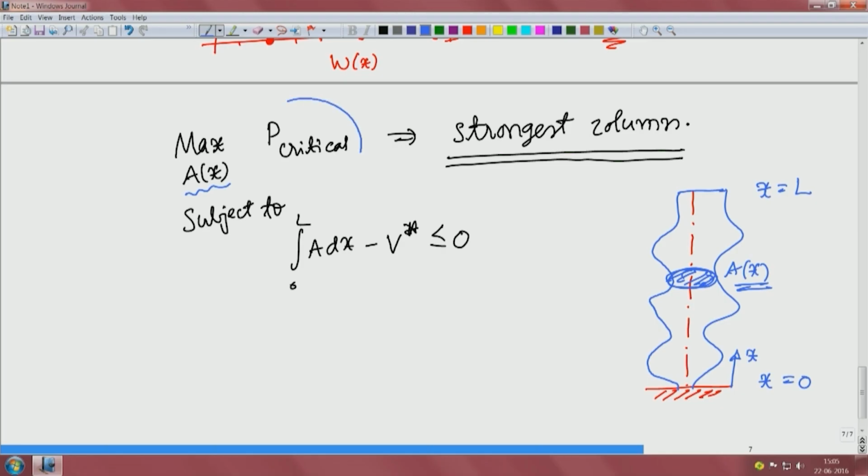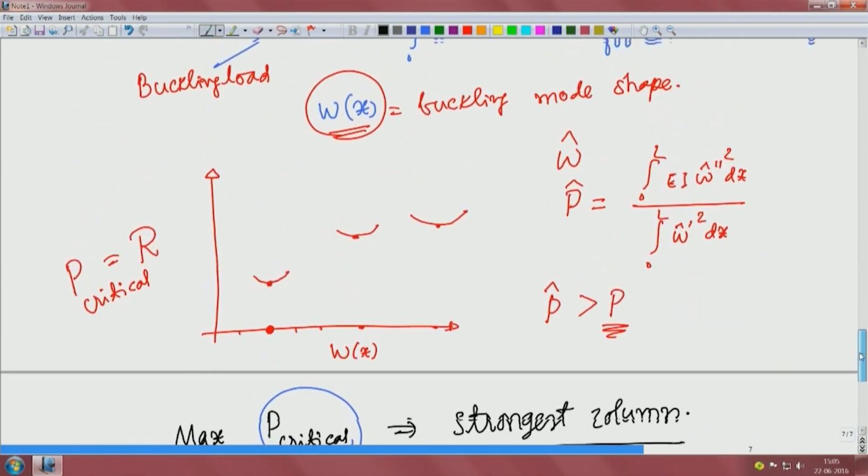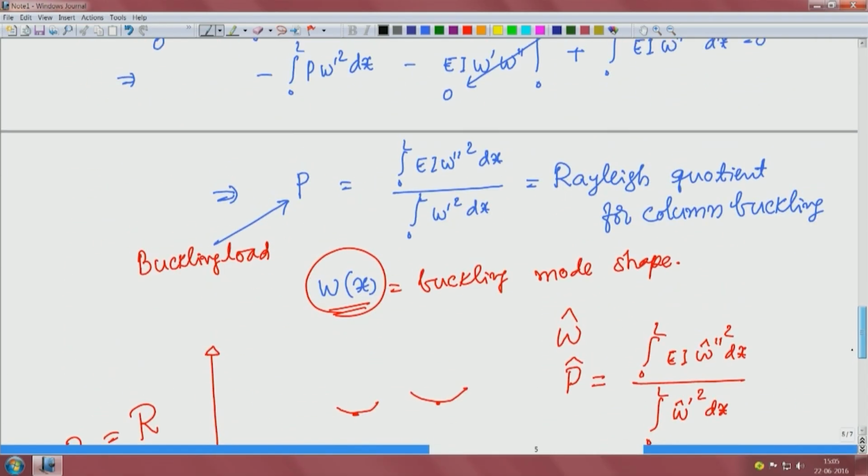But how do I get P critical? That is where we use the Rayleigh quotient. So, what we do is we rewrite this problem: maximize over A of x the P critical. We know that if I minimize the Rayleigh quotient with respect to W of x, and if you recall from the last lecture, this was the Rayleigh quotient for column buckling, then we get the fundamental buckling load.